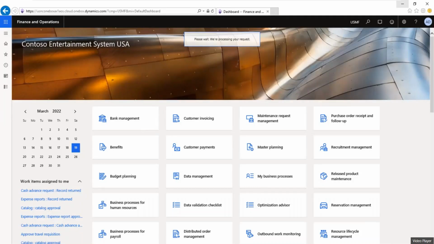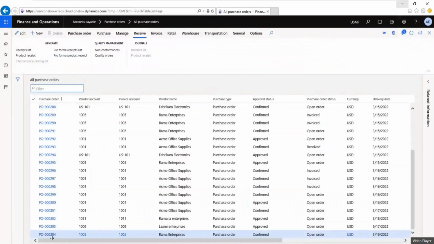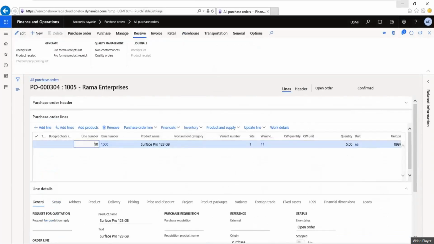It's loading now. Okay, the last purchase order is created and the material is not received. I mean to say, while doing product receipt, the system shut down, so it was not completed. So let me do product receipt once again.